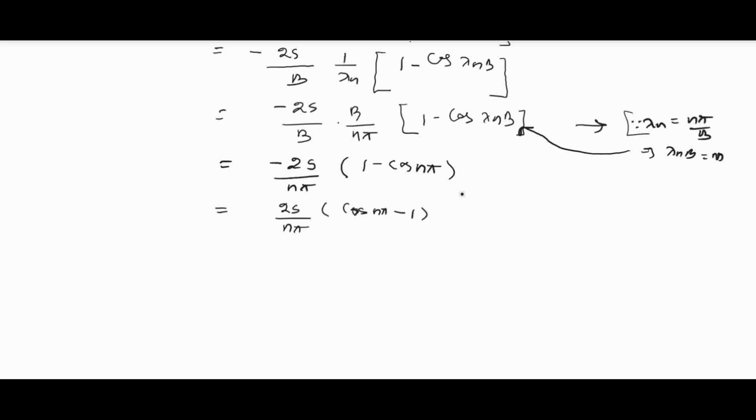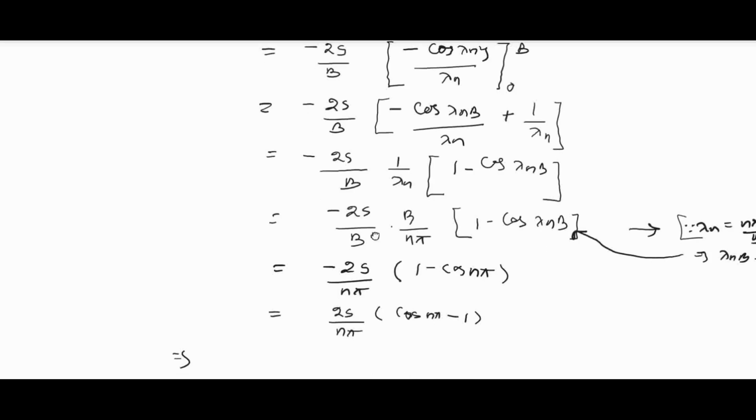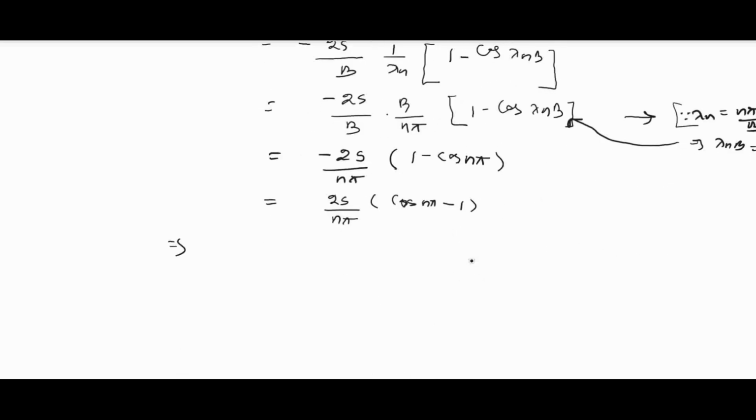So gn is equal to 2s by n pi into cos n pi minus 1. This is equation number 13.